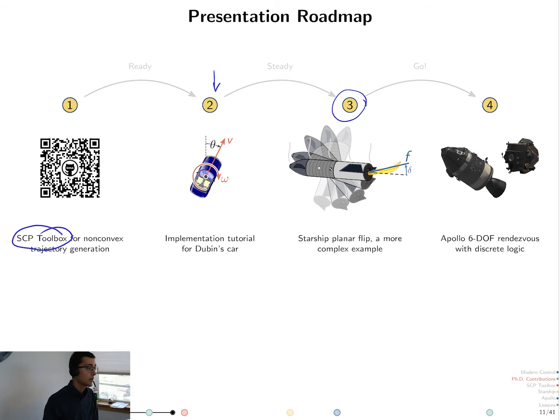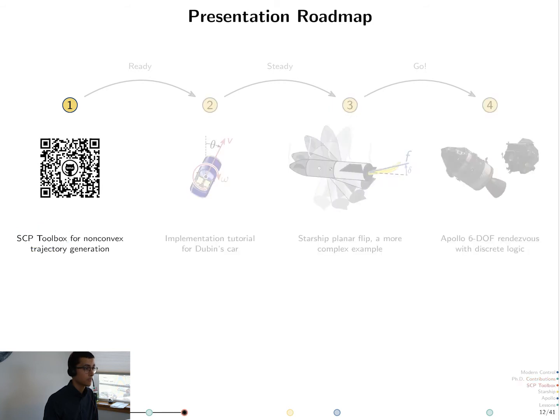Then I will show how this toolbox can be used for a very simple path planning problem, followed by 2 more complicated examples. A certain starship that you may have seen on amazing YouTube videos in recent months, and the example of Apollo transposition and docking, which is a real maneuver that occurred in 1969, and that we applied our optimization tools on today.